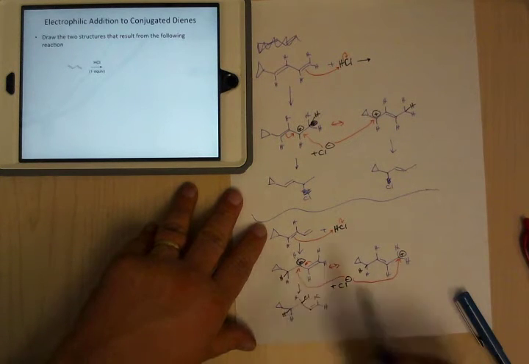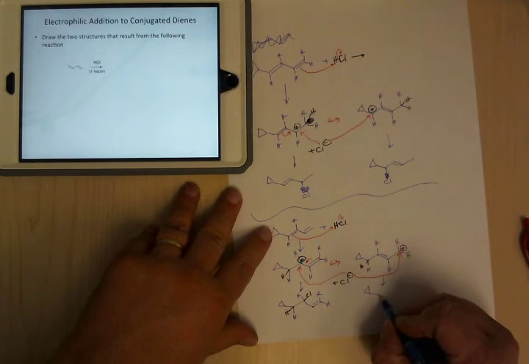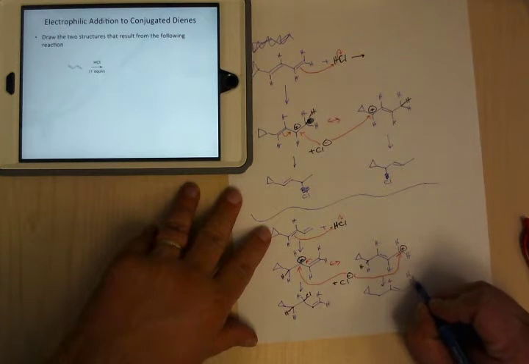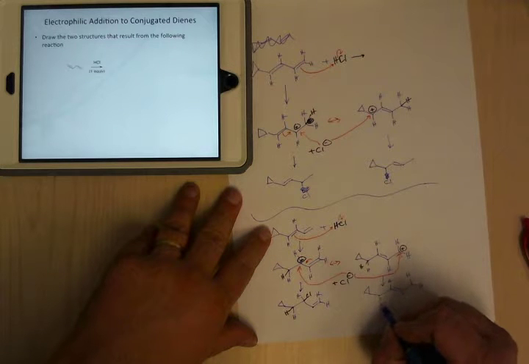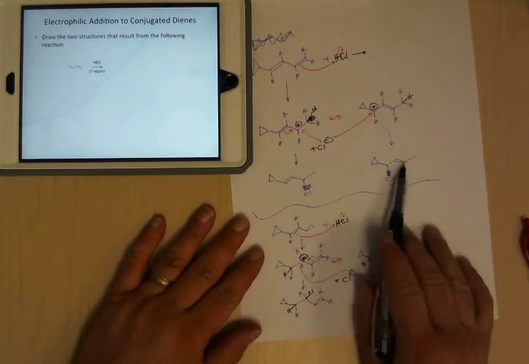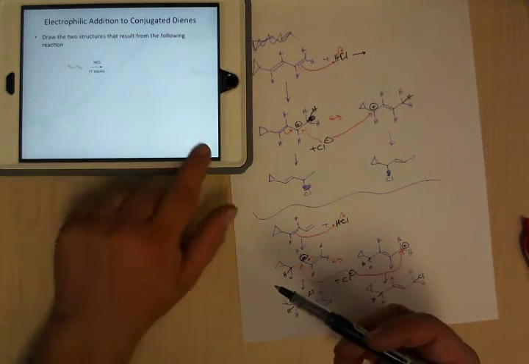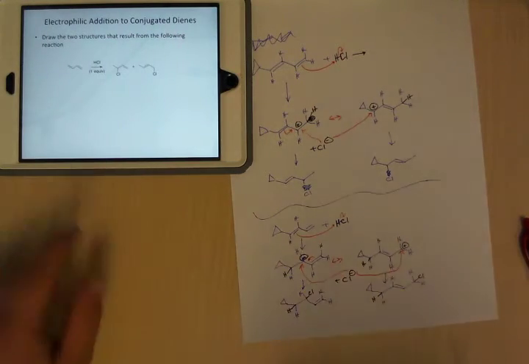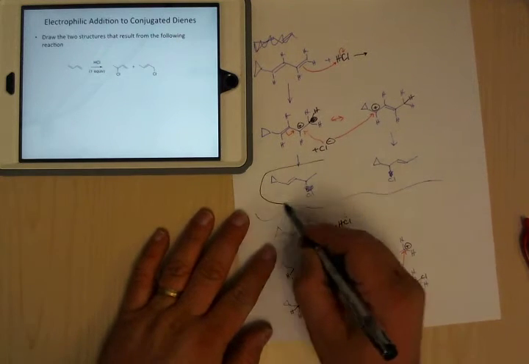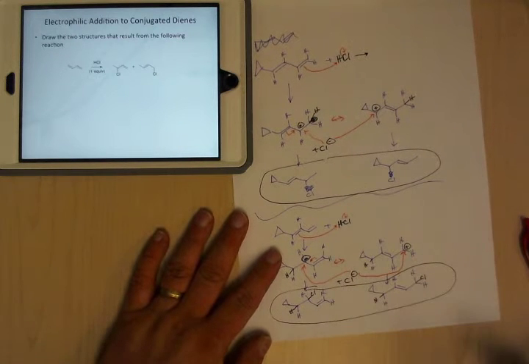The chlorine's going to add where it originally was, or it can put the chlorine there. And here you've got these 4 different products. What you would form with the other one, what you would form with this one, you could do the same thing, but the molecules are actually the same because they're symmetrical. So here are the four products that you would form. So there and there.